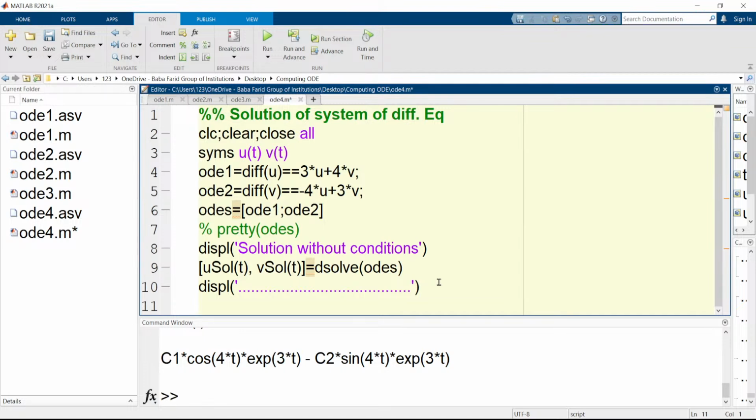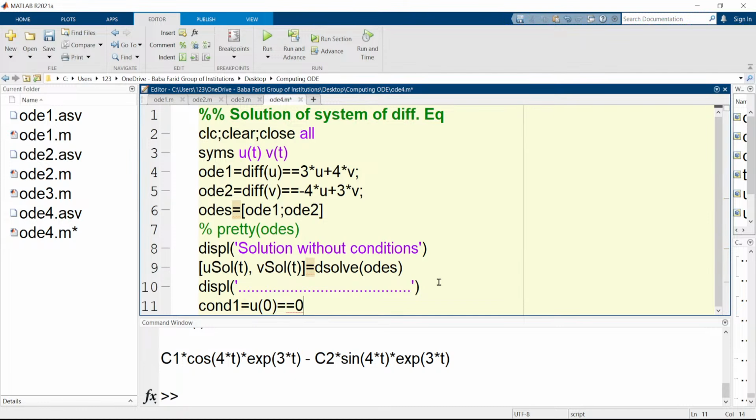After this one, we will discuss the matrix method. That is also very interesting. So we are given the conditions. Condition 1 is U0 equal to 0.